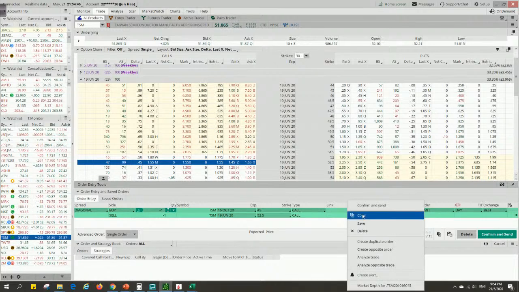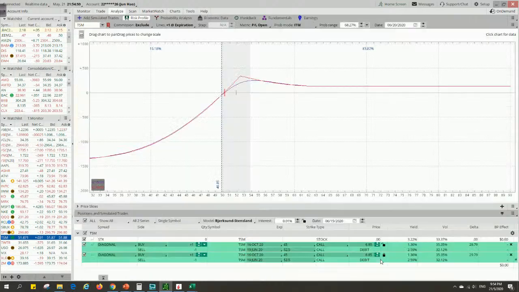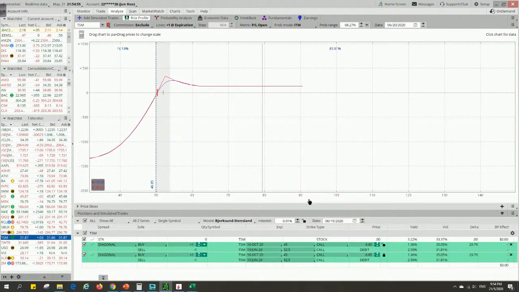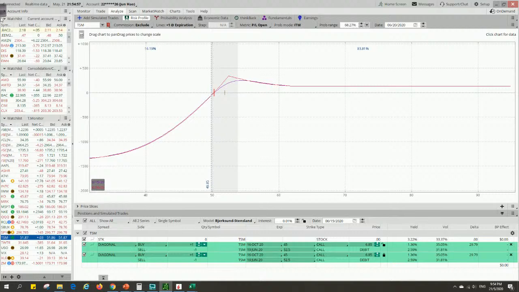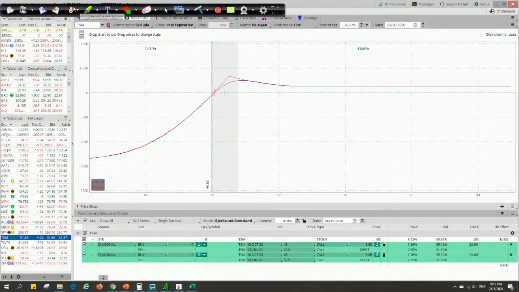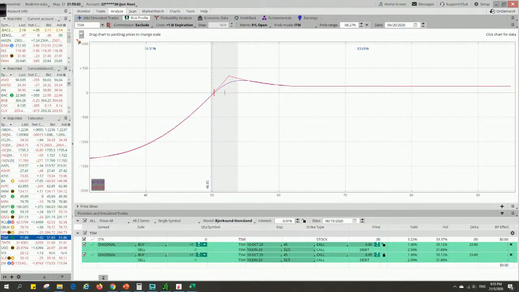So likewise, before executing your trade, always analyze your risk profile. Okay, so this is the risk profile, and you can see that the y-axis is your P&L, and this is the zero mark. So anything above this zero line is your profit, and anything below this zero line is your loss.